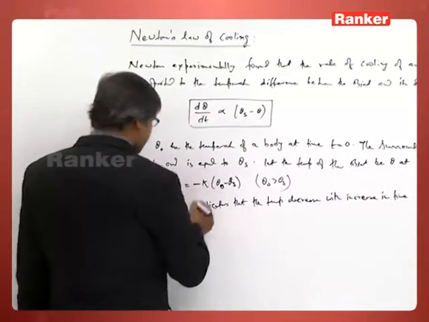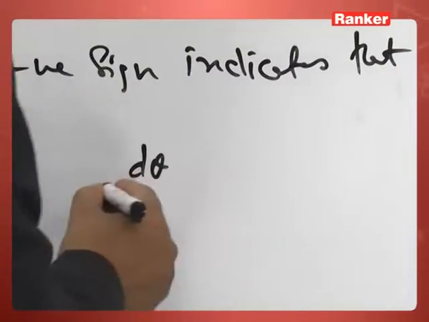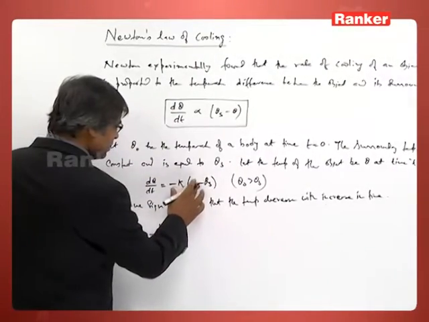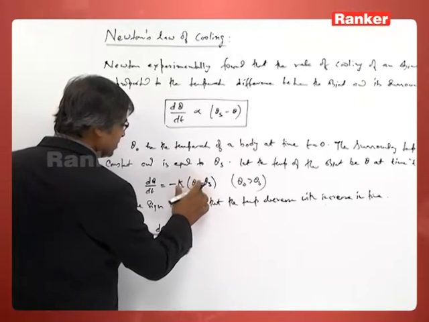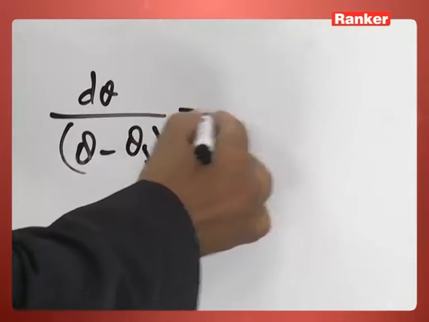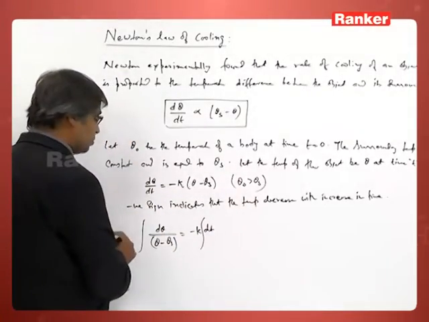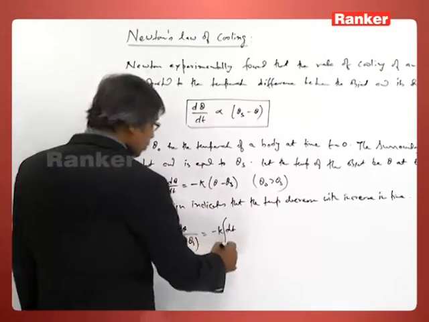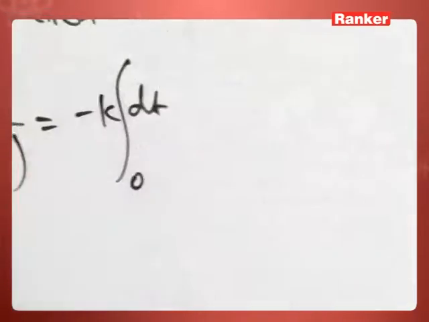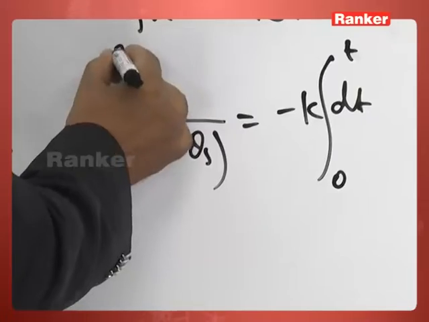Now you see here I have d theta by theta minus theta s, where the instantaneous theta is only theta minus theta s, equal to minus k dt. If time is 0, theta is theta naught; if time is t, theta is theta.